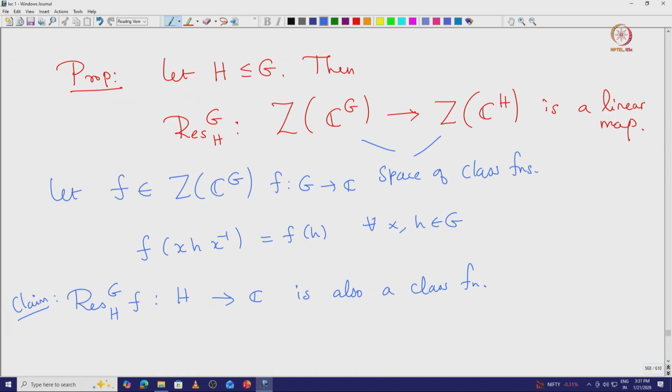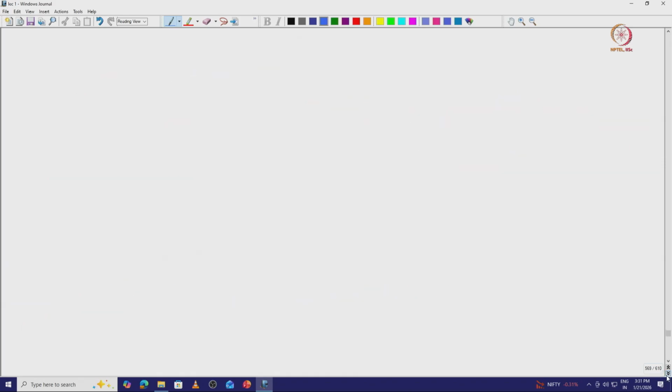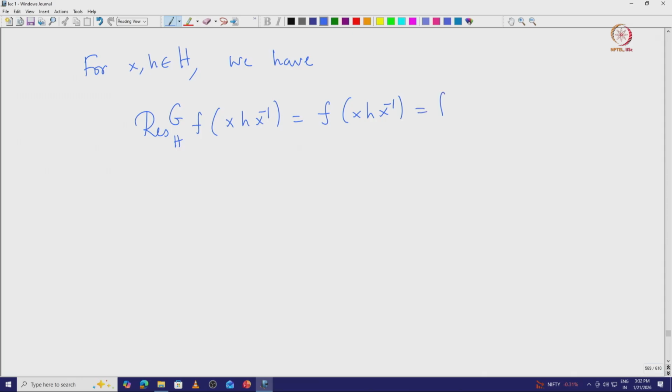If we take x and h from H, then what happens? For h, x from capital H, we have the restriction from G to H of f of x h x inverse is exactly equal to f of x h x inverse, which is f of h because f is a class function.